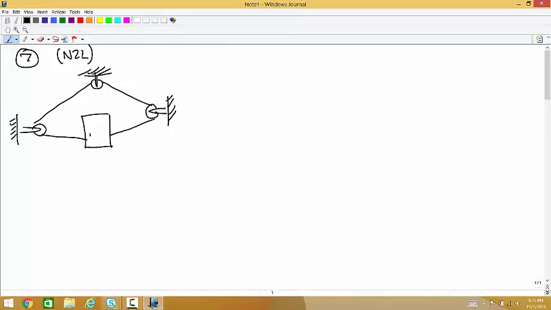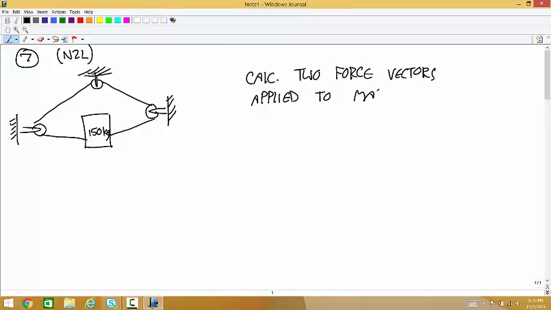And the mass is 150 kilograms. And we want to calculate the two force vectors applied to the mass by the cable.